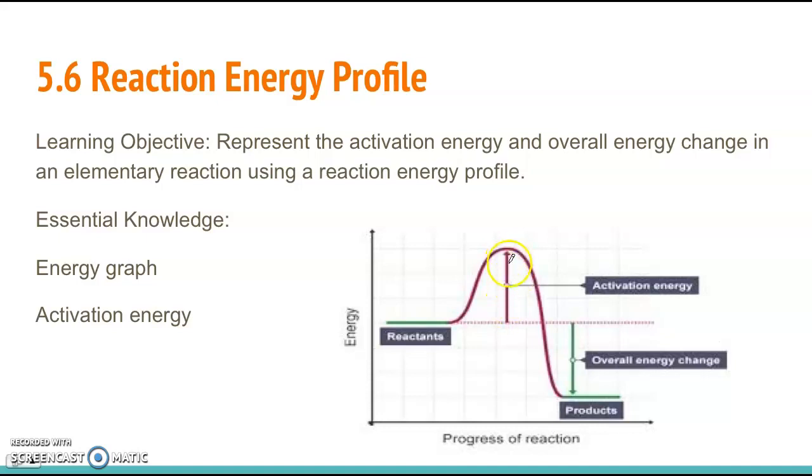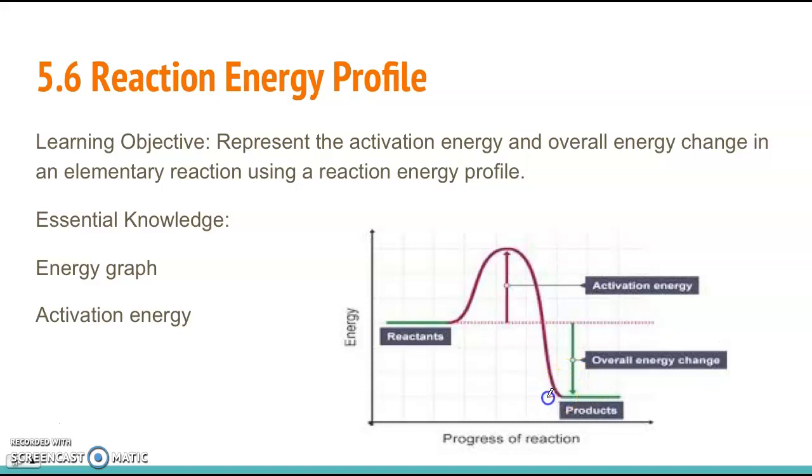This activation energy is the energy barrier that needs to be overcome to get from reactant to product. The vertical distance, with potential energy on the y-axis, from the potential energy of the reactants to the top of the activation energy barrier is the activation energy for the forward reaction.